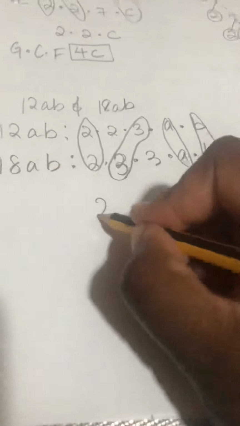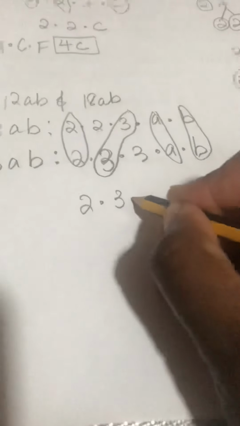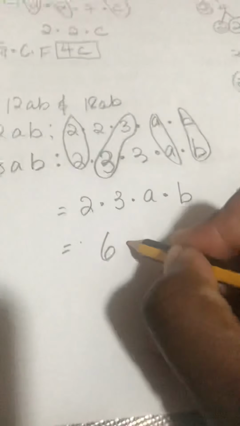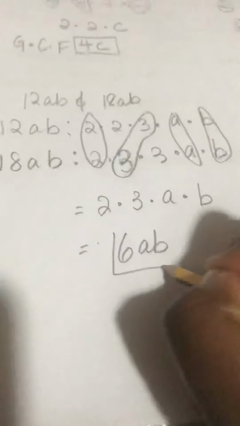This one does not have a friend up here. And then this and this. So my answer is 2 times 3 times A times B, which equals 6AB.